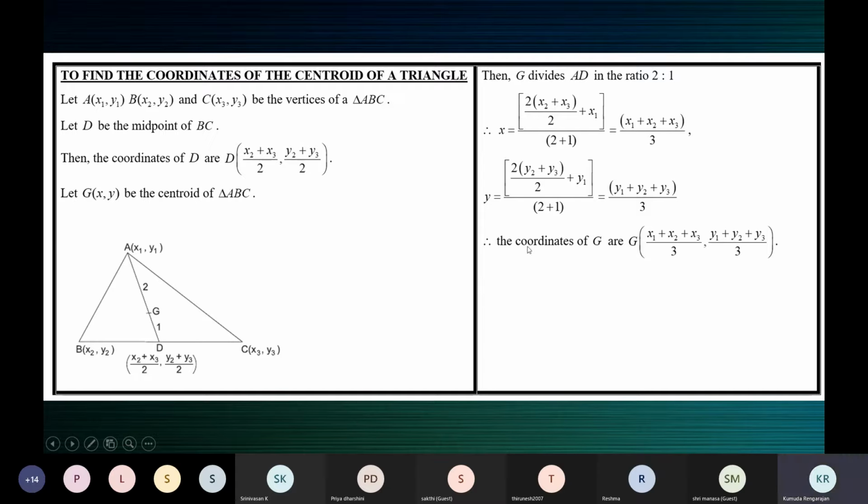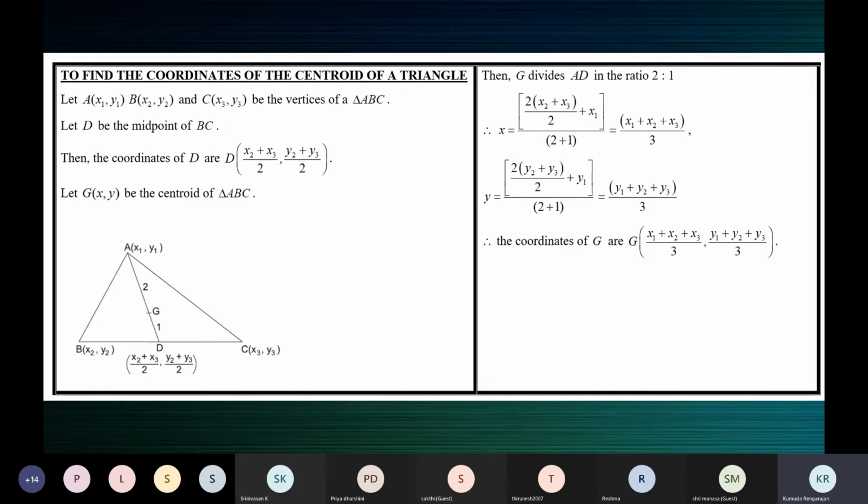So the coordinates of G are, this is the x coordinate and this is the y coordinate. What you finally get is the coordinates of G in terms of the coordinates of the vertices of the triangle.